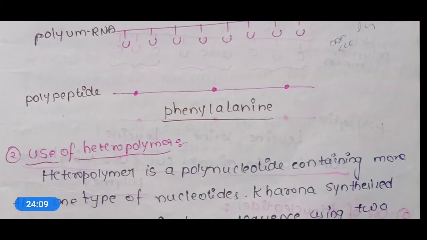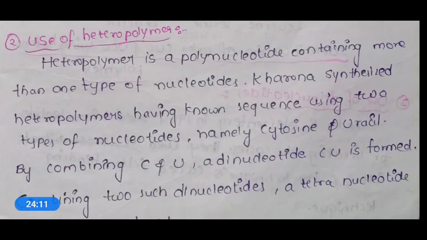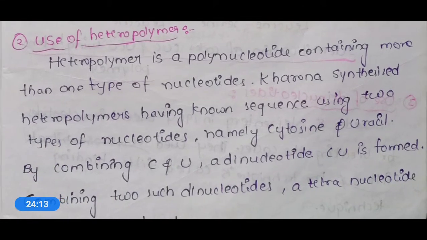The next one is the use of heteropolymer. Heteropolymer means here more than one nitrogen base is utilized. So let's see about this heteropolymer method.